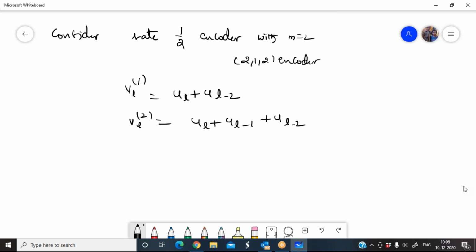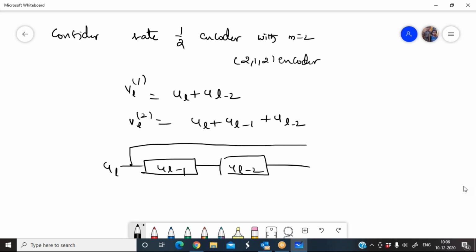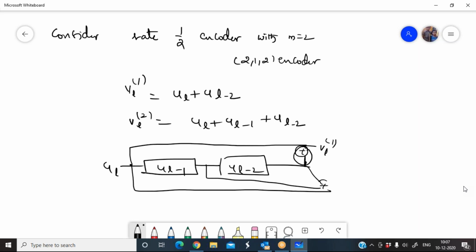So this is u_l, this is u_(l-1), u_(l-2). And what is v_l^(1)? v_l^(1) is u_l plus u_(l-2). Simple. This is v_l^(1) and that's it. This is v_l^(2). This is the (2,1,2) encoder.